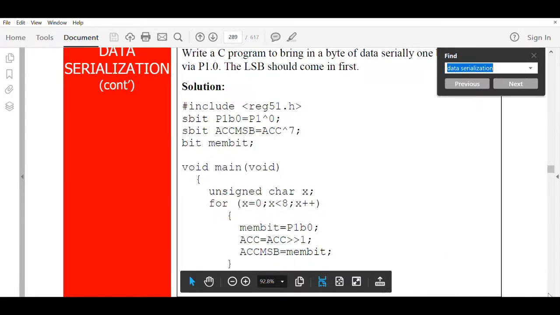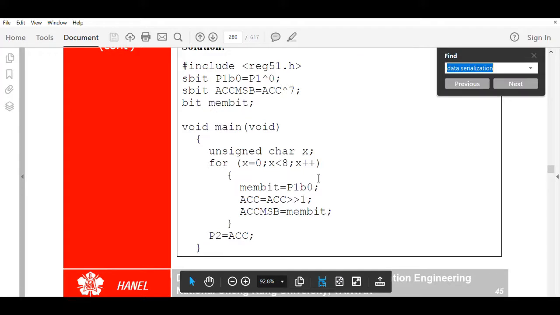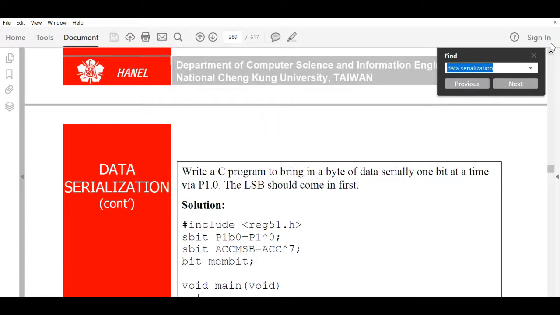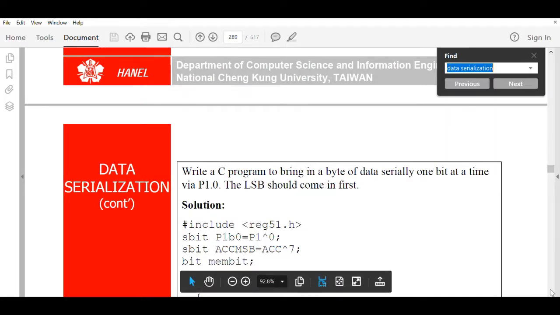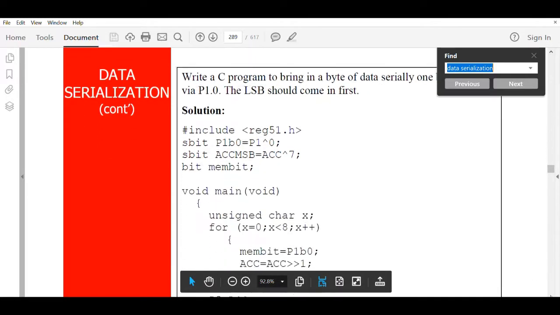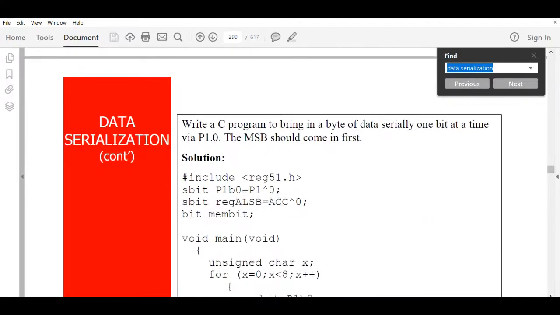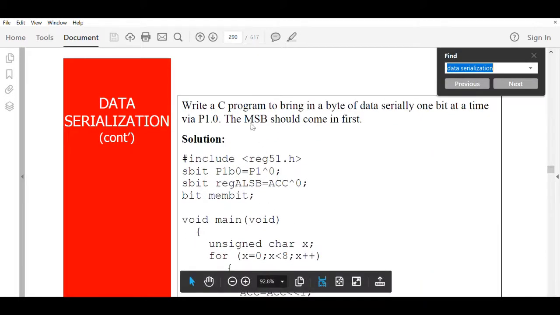And after shifting in all the data, then you're going to transfer the data from the accumulator to P2. So you'll be storing the data in P2. Here MSB should come first.